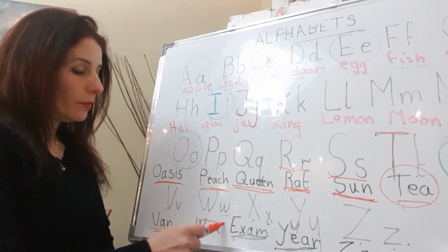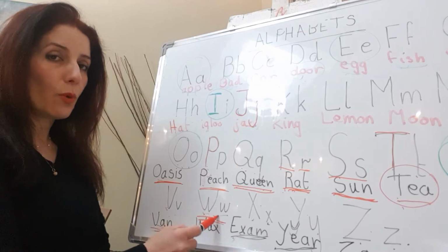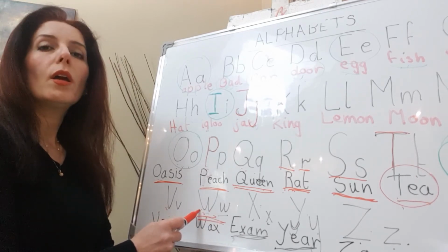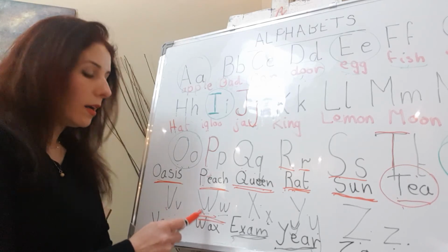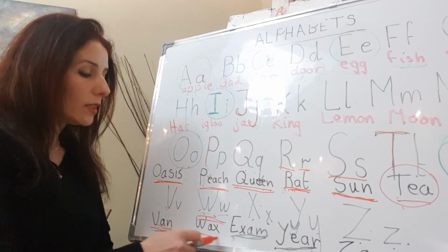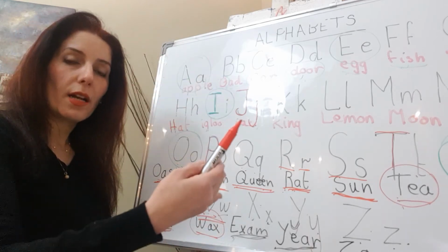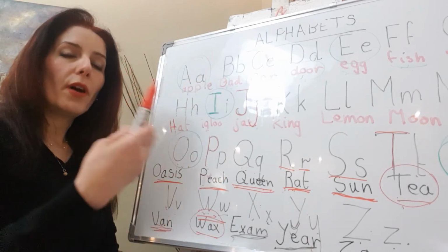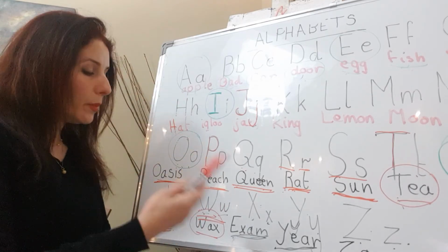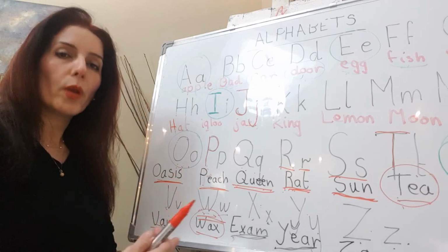And W, this is the capital letter and the small letter. The name of this letter is W, but we will pronounce it wa, like wax, maybe wo, maybe we. So it is according, as I told you, to the vowels that follow this consonant. So it will be wa or wu or we.